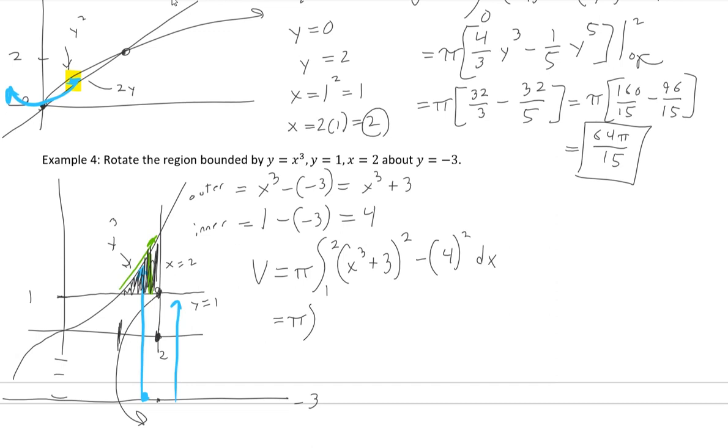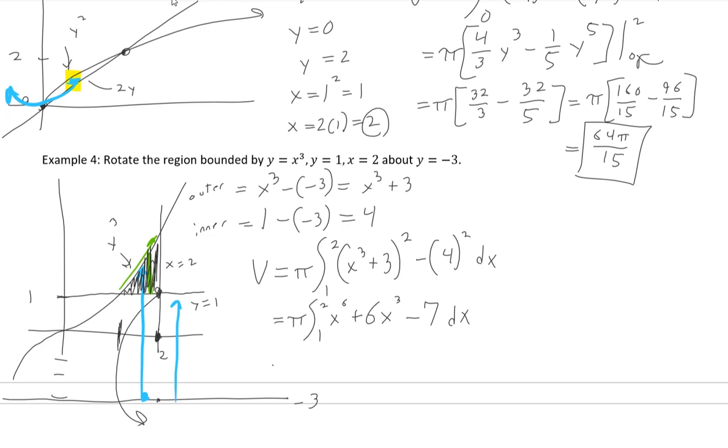We can evaluate that. That'll give us x to the 6th power, plus 6x cubed, plus 9 minus 16 will actually give me -7, dx.